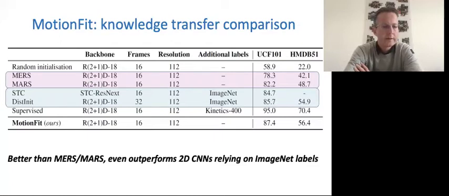And what you can see is that our approach outperforms these approaches by a good margin on both UCF101 and HMDB51. And more interesting is that we are even outperforming other knowledge transfer methods that rely on additional ImageNet labels. So we get good results here.